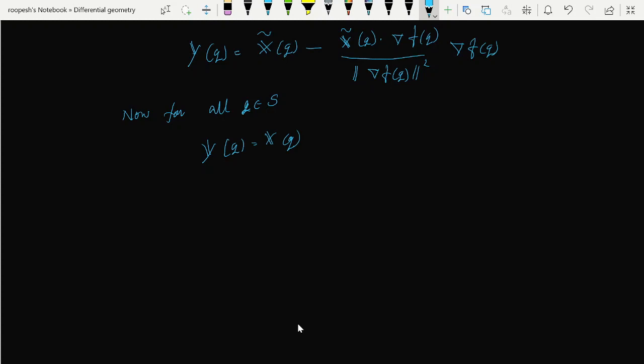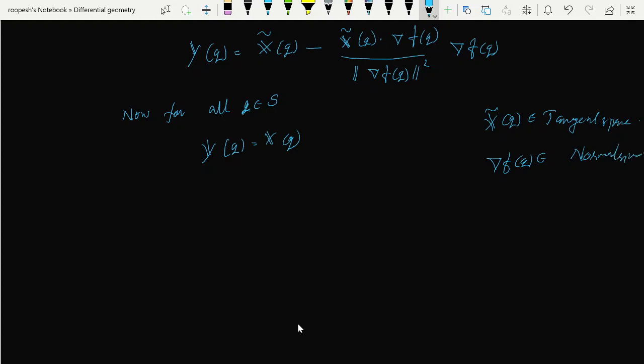X tilde of q belongs to the tangent space, and del F of q belongs to normal space.